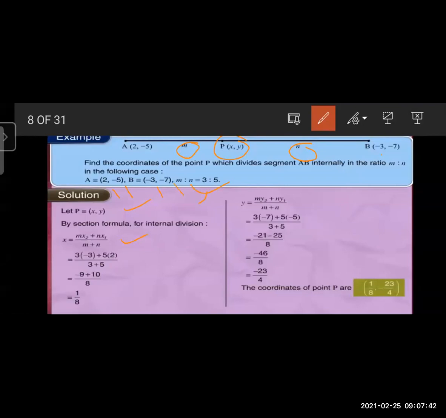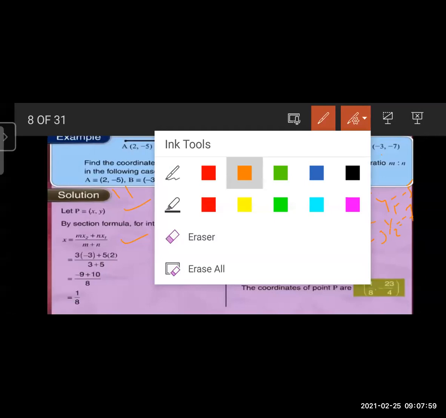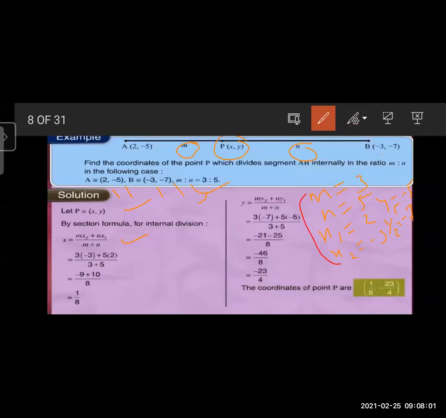So by using these values, we find the x coordinate and y coordinate of this point P.